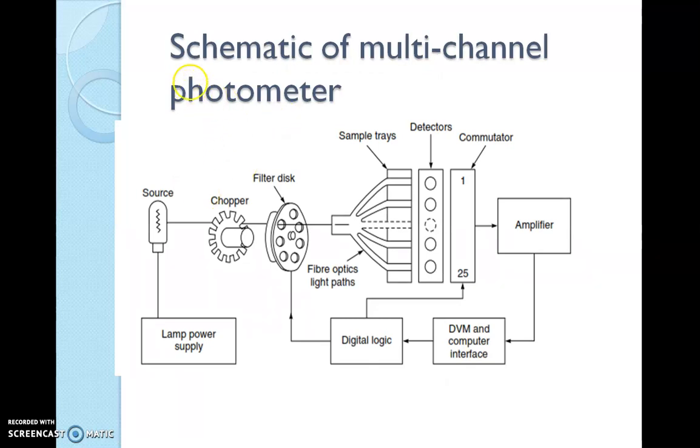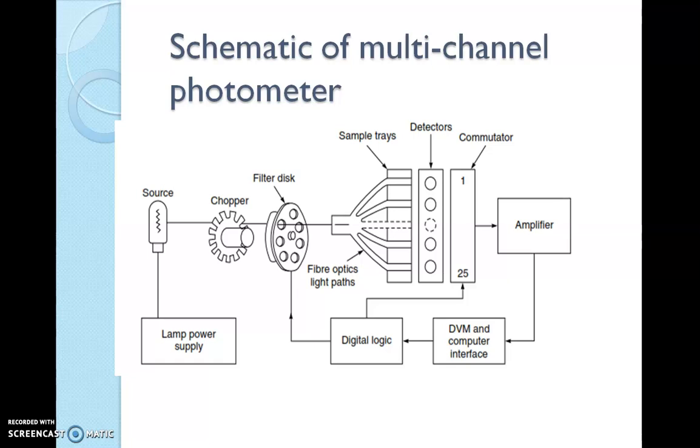And this shows the schematic diagram of a multi-channel photometer. In that, various components are used. First one, the lamp power supply, which acts as a source. Next one, the chopper. Optical choppers are usually rotating discs, mechanical shutters, used in combination with a lock-in amplifier. The chopper is normally used to modulate the intensity of the light beam, and the lock-in amplifier is used to improve the signal to noise ratio. And then a filter disc is used.